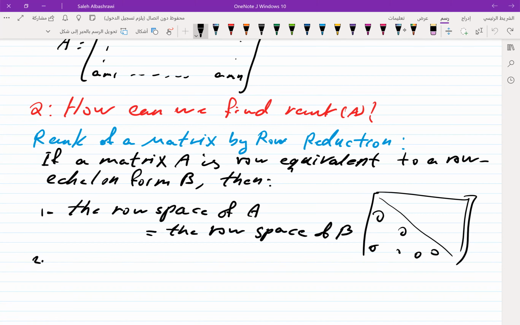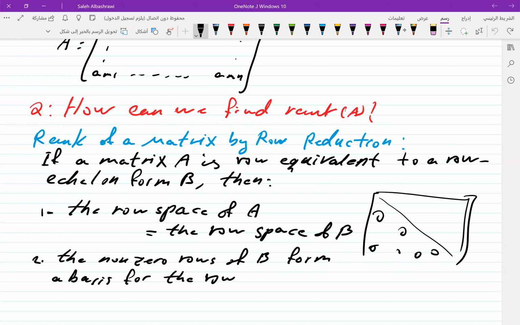Number two, the non-zero rows of B form a basis for the row space of A. This word basis means any vector can be written as a linear combination of the set of these bases.